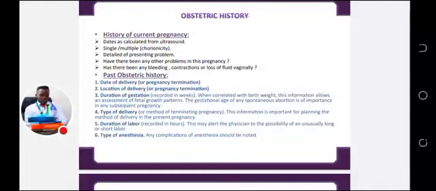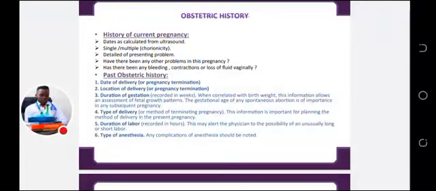This may alert the physician to the possibility of unusually long or rather short labor, because you are aware of the past obstetric history of the client that you're dealing with.